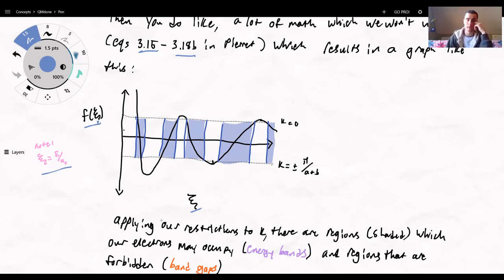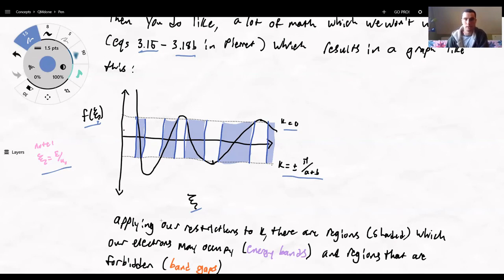So you get this kind of graph here, but because we have defined that K has to be in this certain range, between 0 and plus or minus pi over the length of the unit cell, we can actually carve out certain areas of this function which are allowed to exist.